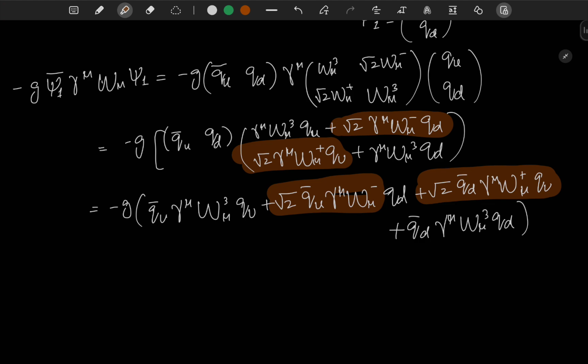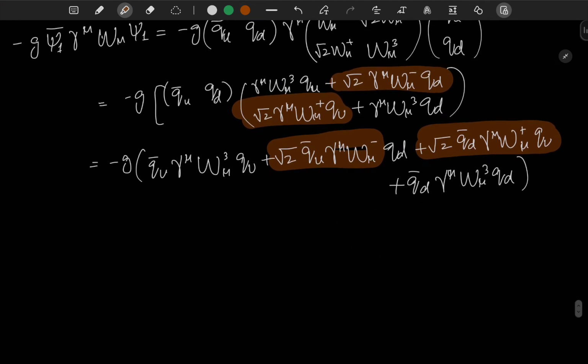So now I'm considering the off diagonal terms, so let's write off diagonal terms.